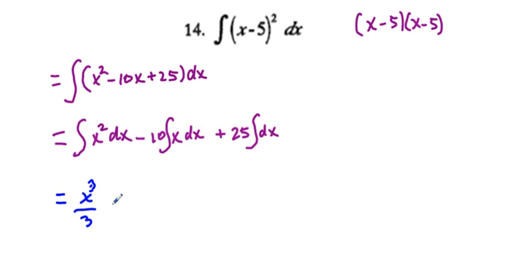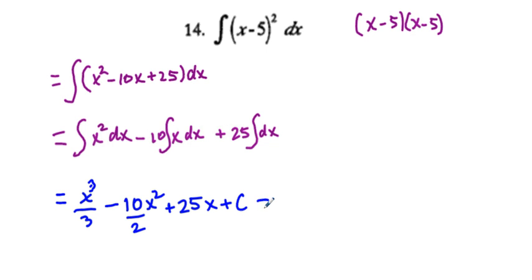Next, we're going to take minus 10 and x to the 1 power raised to 1 plus 1 is 2. So I have x squared over the power that we raised to, and plus 25x plus our constant of integration c.